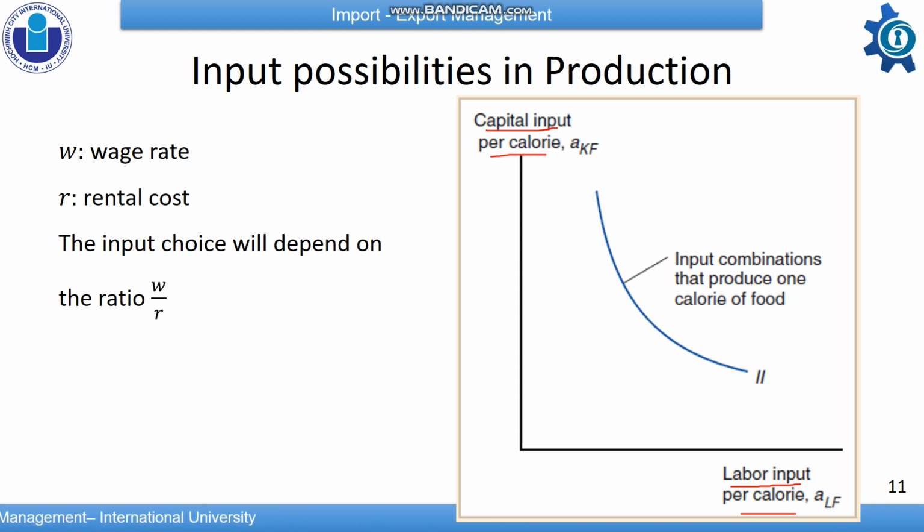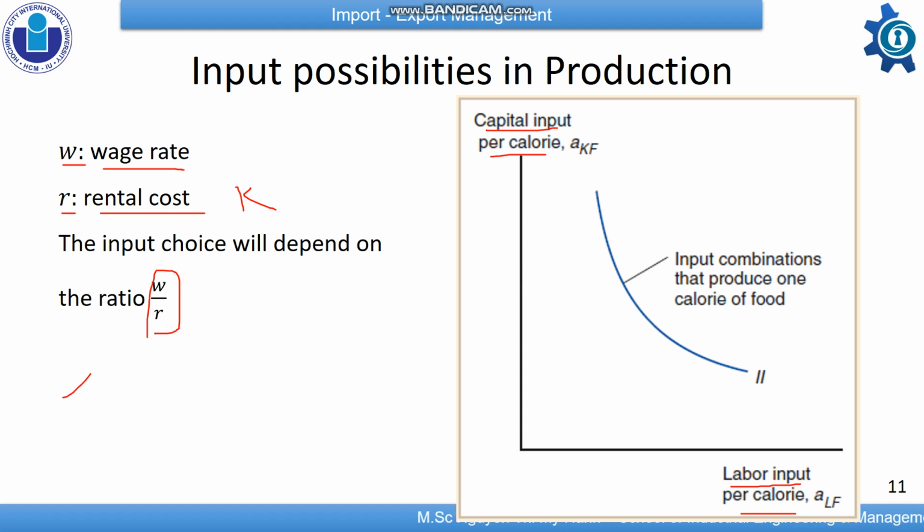Let's call W the wage rate, the money we have to pay for labor, and R the rental cost for capital, for example the rental cost for a machine. So the input choice will depend on the ratio of the wage rate to the rental cost. This is easy to explain, right?